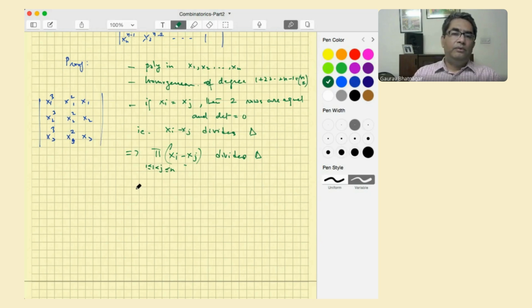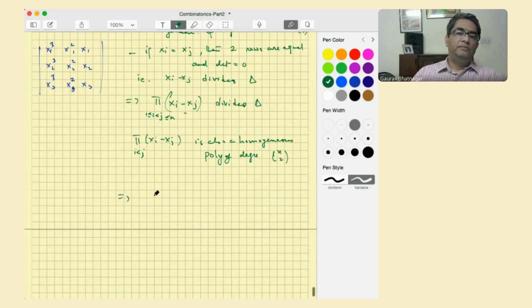Now this product itself, for i less than j, is also a homogeneous polynomial. And what is the degree? Same, n choose 2. So this means that delta is equal to some constant times the product of xi minus xj.